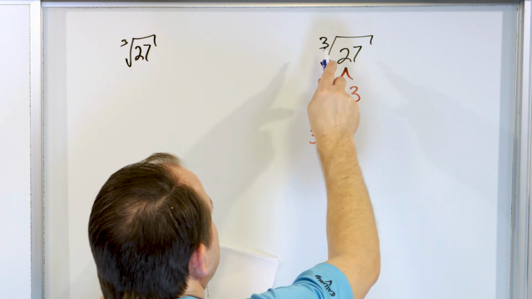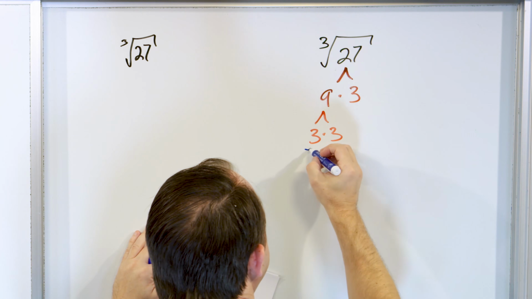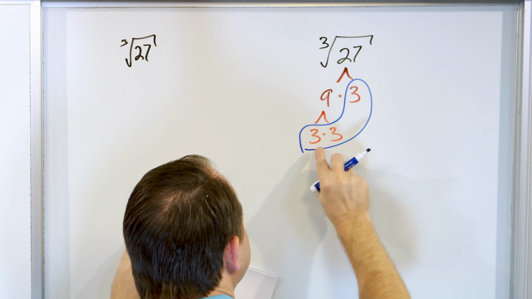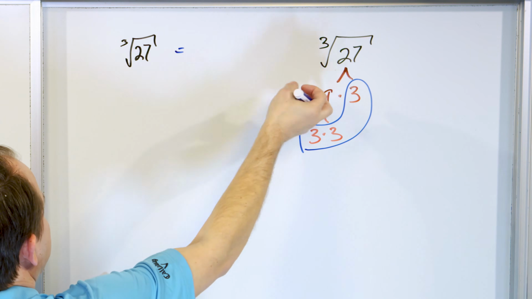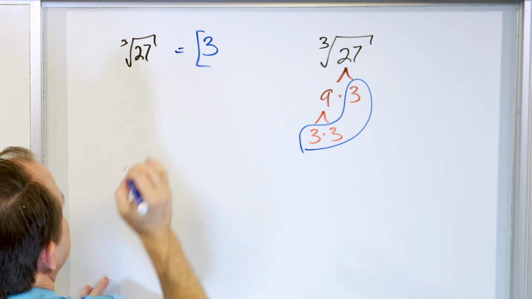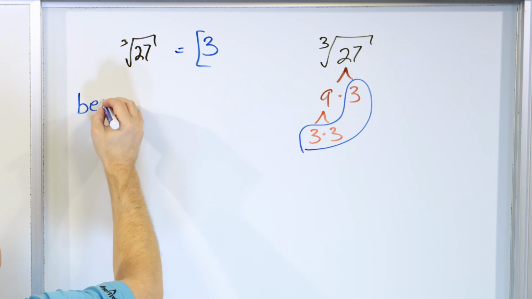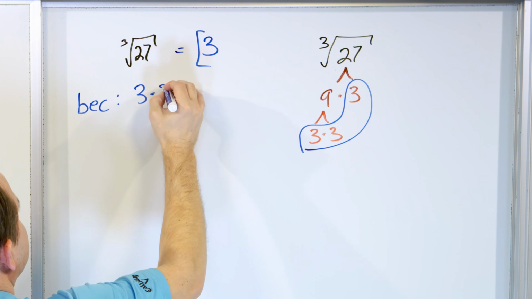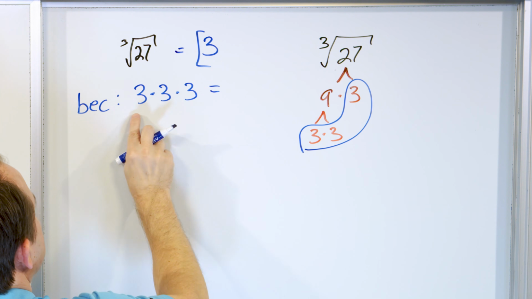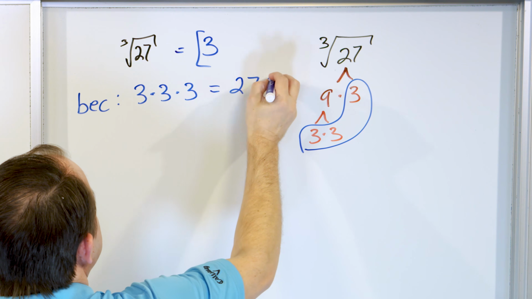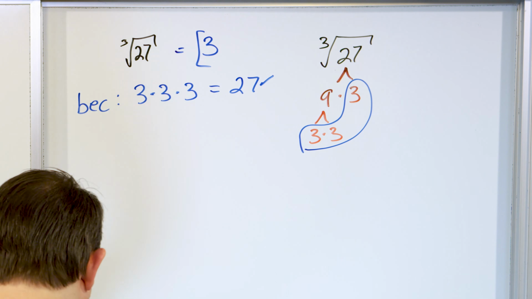So I can stop there and say, I'm looking for triplets because this is a cube root. There's a triplet of 3's in the bottom, and they come out as a single copy of 3, and this is the answer. As a check, 3 times 3 times 3 is 9 times 3, 27, and that is what we have under here.